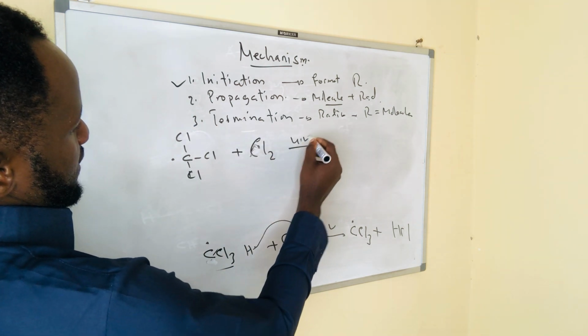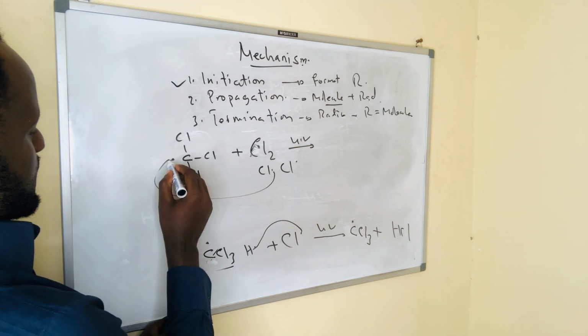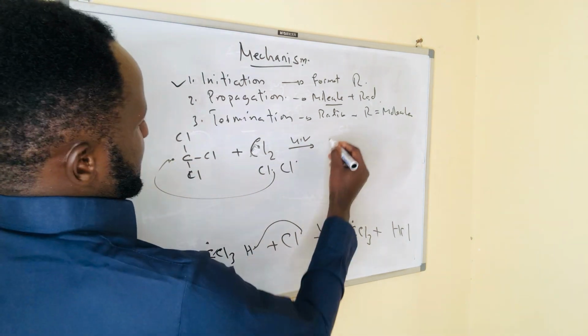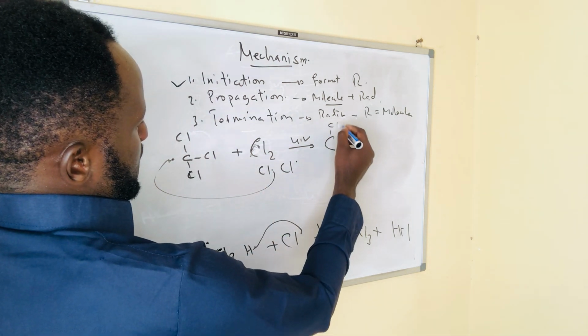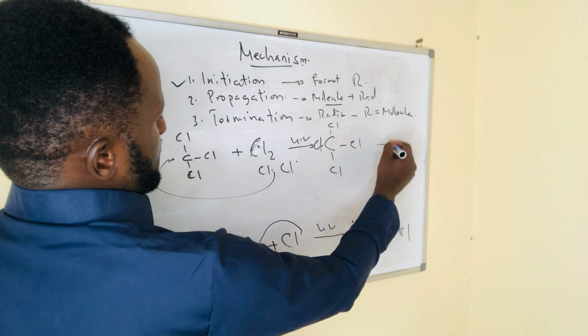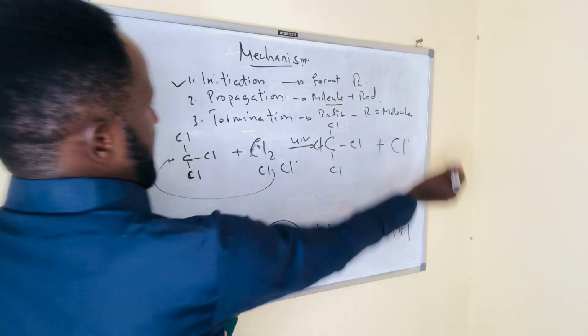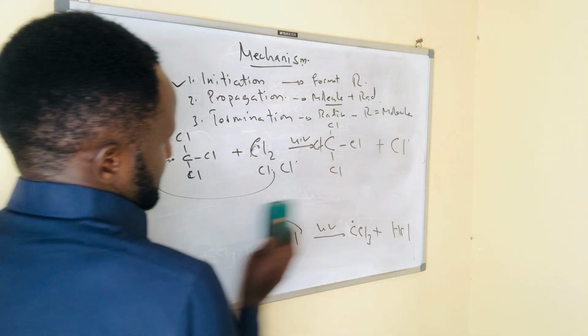Here it is UV, then you have chlorine. So this will form another bond. So now it is carbon, how many chlorine? Chlorine 1, chlorine 2, chlorine 3, chlorine 4 plus radical. You see? So now we have CCl4.